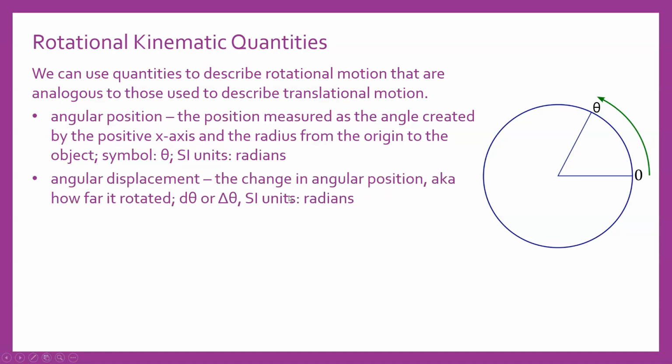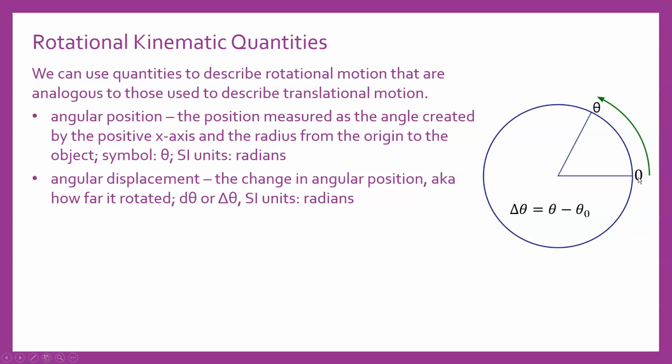We have angular displacement, and that's the change in the angular position, also known as how far it rotated. We can use the symbol d theta or delta theta, and the SI units are radians. We can see that we calculate this displacement as theta minus theta sub naught.